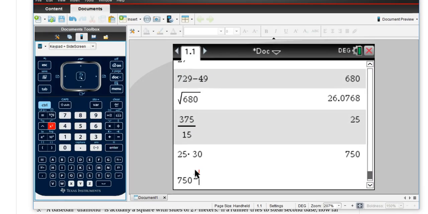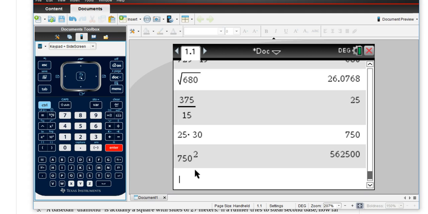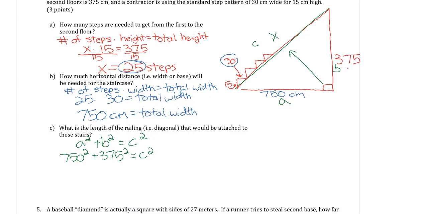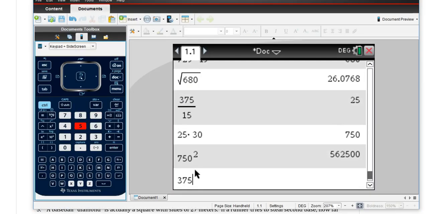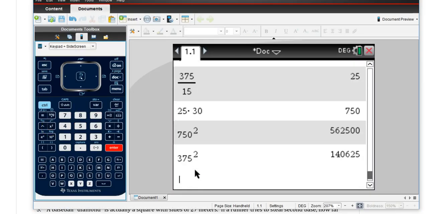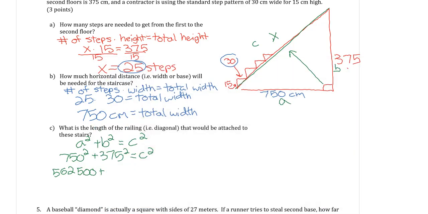750 squared is 562,500. Plus 375 squared equals 140,625.